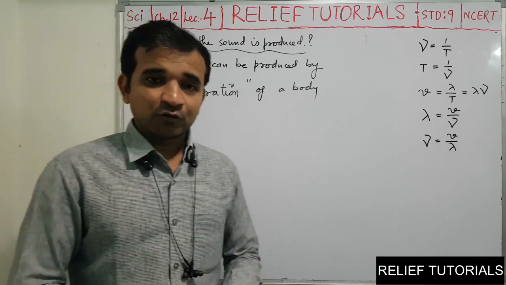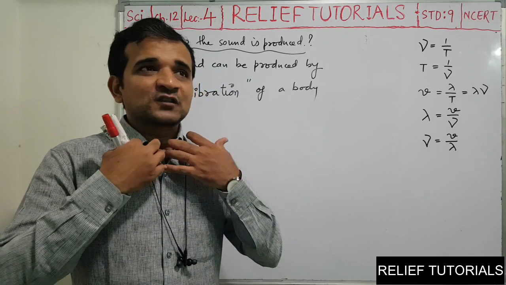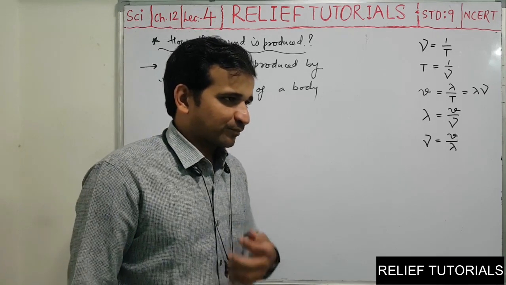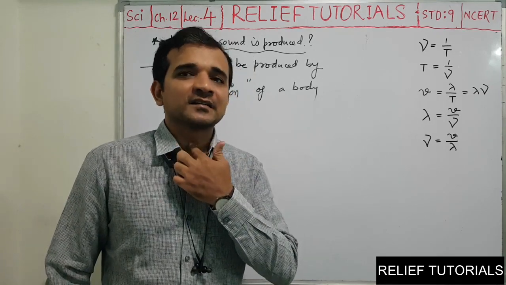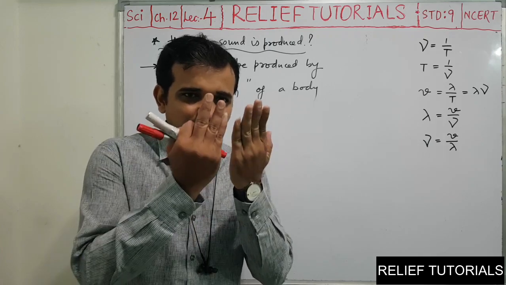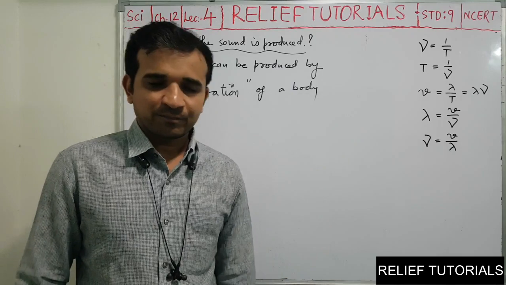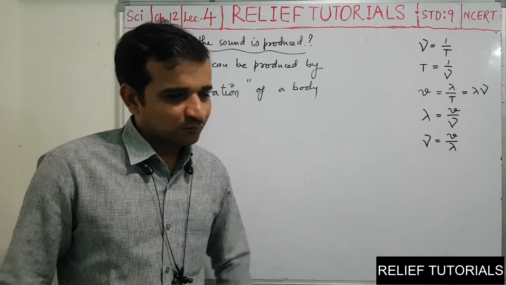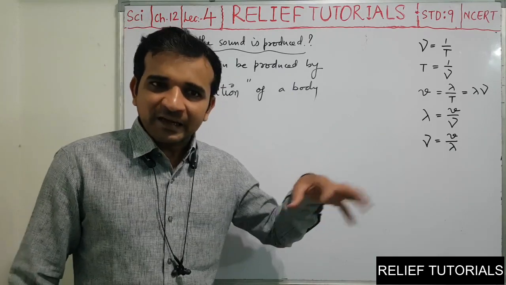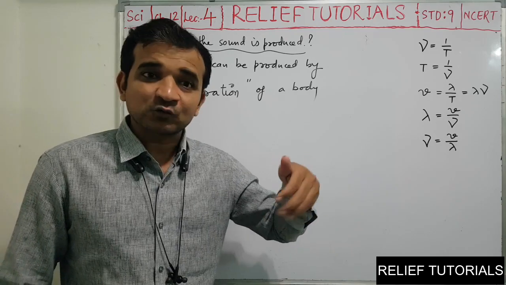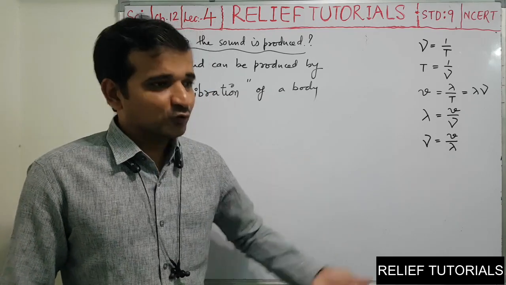When you speak, the membranes of the vocal cords start vibrating, so it produces sound. In the harmonium also, air starts vibrating, and because of that vibration only sound is produced.